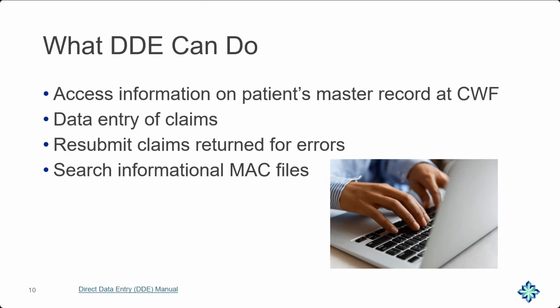And then, as I mentioned, you can access certain informational files that will assist you with claims processing. We have a separate webinar that will talk about using the inquiries menu and what all is available there. We're going to discuss each one of these things in just a little bit more detail here.